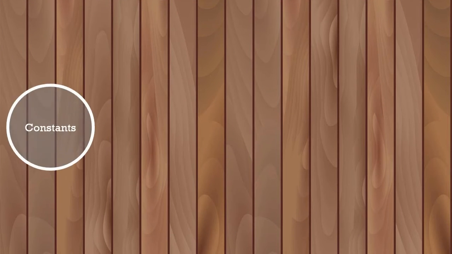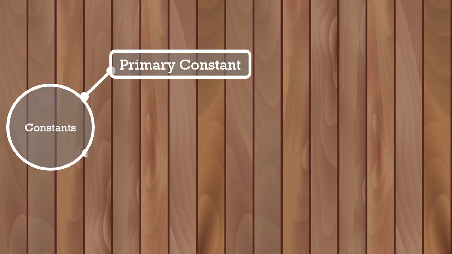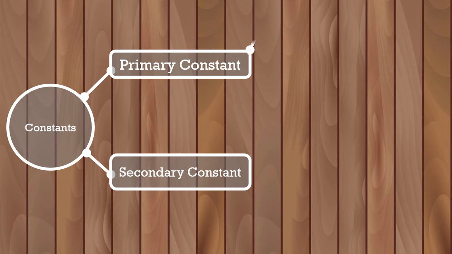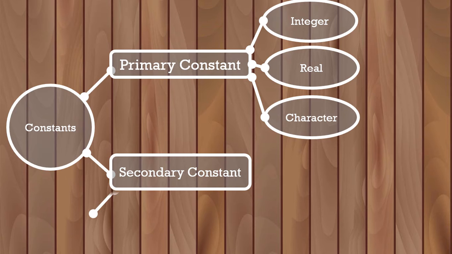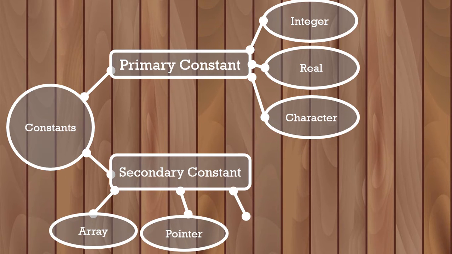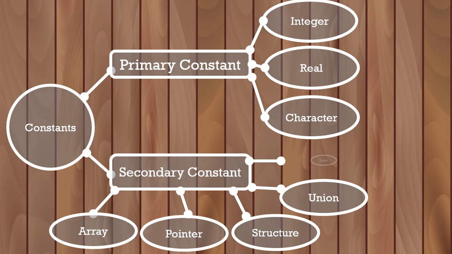So constants are primary constants or secondary constants. Primary constants are integer, real, and character. Secondary constants are those made up using primary constants. So array, pointer, structure, union, and enum are called secondary constants.